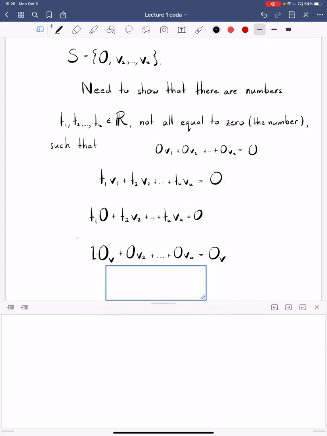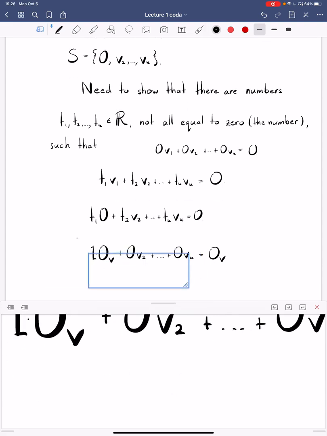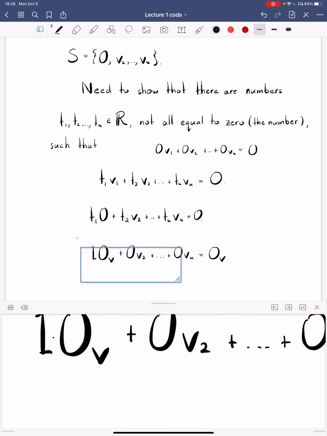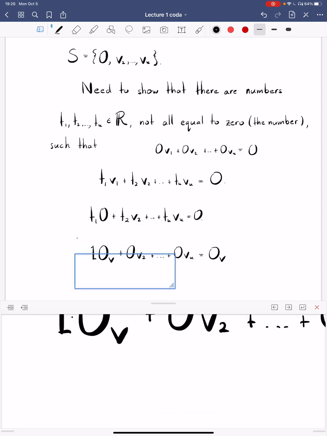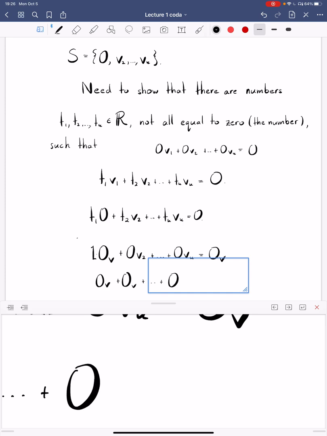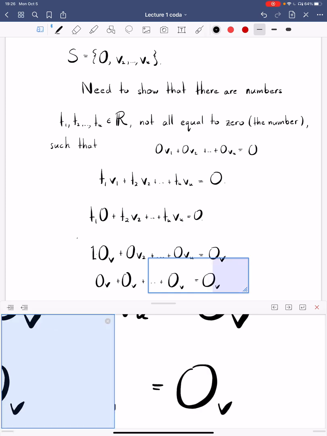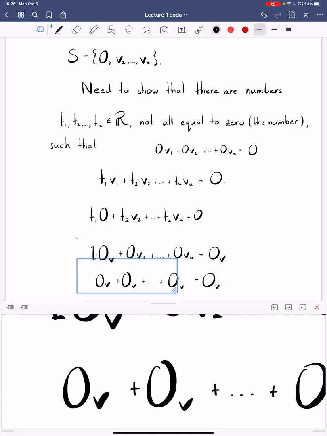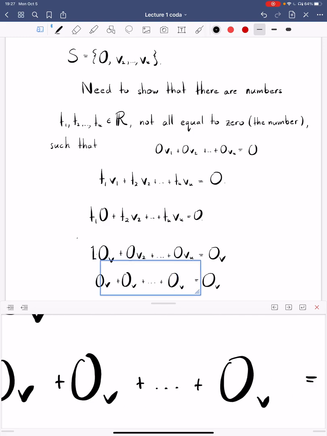It is, because 1 times the 0 vector is the 0 vector, and the number 0 times anything is the 0 vector. So this is just the sum of k copies of the 0 vector, which is definitely equal to the 0 vector. Adding the 0 vector to itself once, you get 0v, the next time you get 0v, all the way down to the end.